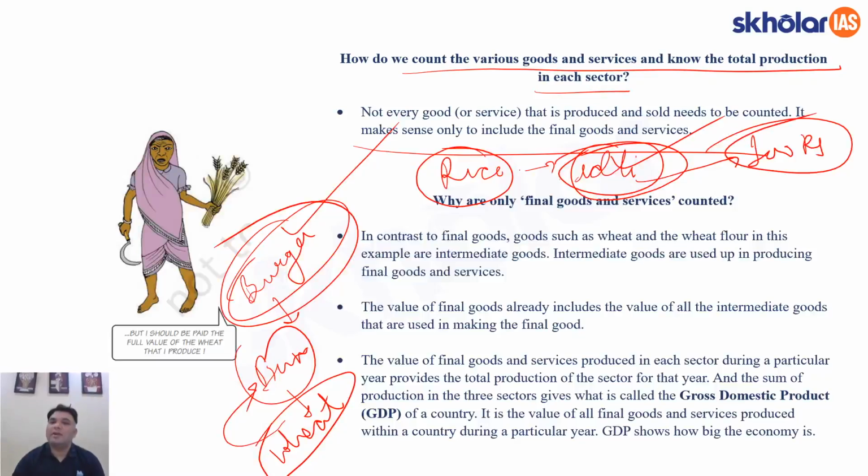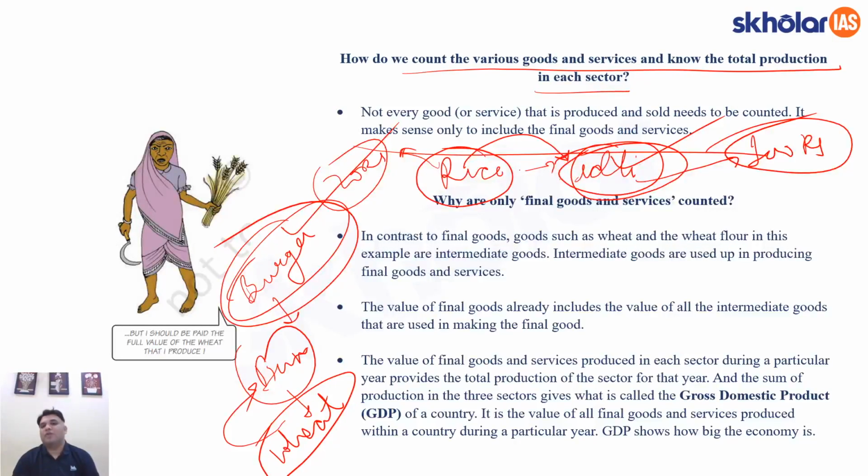So I will count the 100 rupees. I will not count the 20 rupees of rice. Why? Very simple, because that rice is being used to make idli. So it will be double counting. If I count the final value of rice also, and if I count the final value of selling of idli also, so I might as well just count the value of idli, right? So therefore, we must always take into account the final value of goods and services.